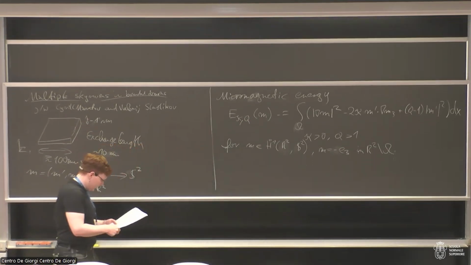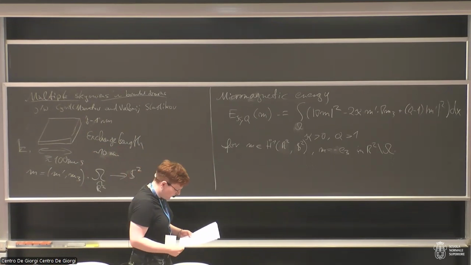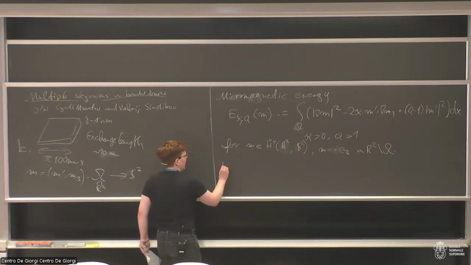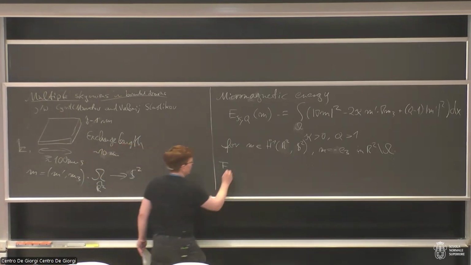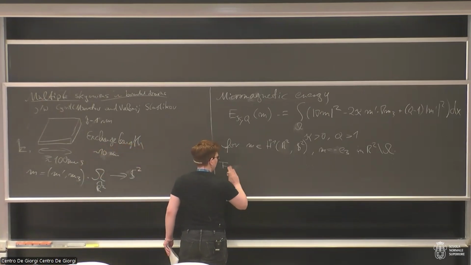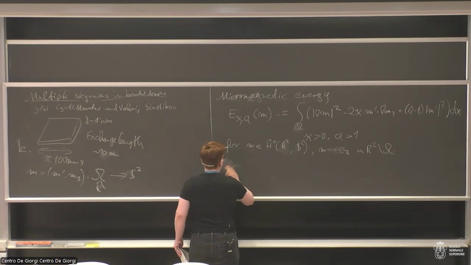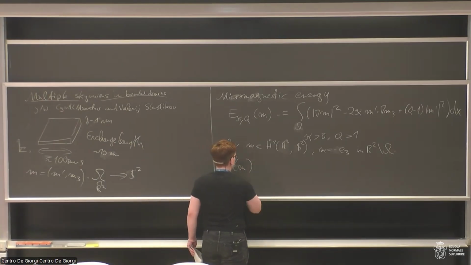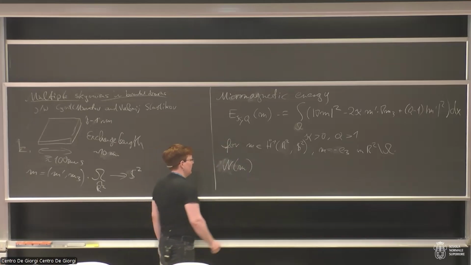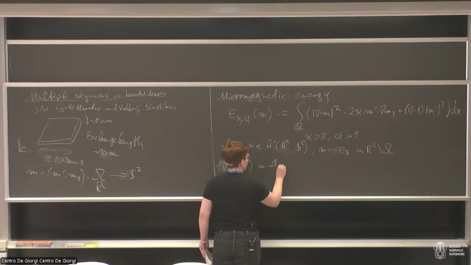So that's the energy and the admissible, in principle, what I could put in there. Now I need to encode topology. And the way we do that is by introducing the topological charge. We've also seen that one in the first talk.